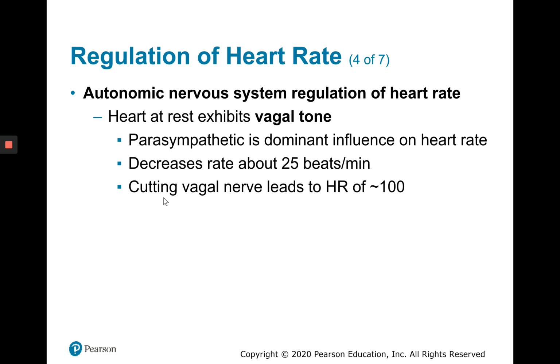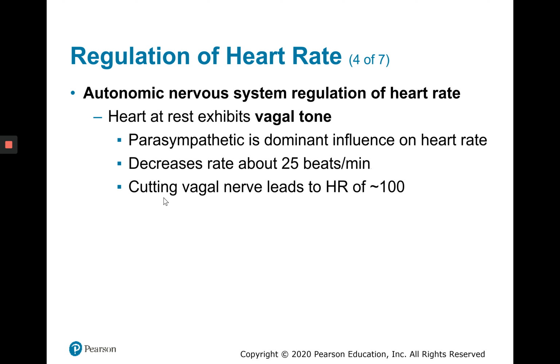contractility. The heart actually exists in a condition we're going to call vagal tone, or it exhibits at rest this vagal tone, which exists because of autonomic nervous system regulation. And the part of the autonomic nervous system that creates vagal tone is the parasympathetic nervous system.